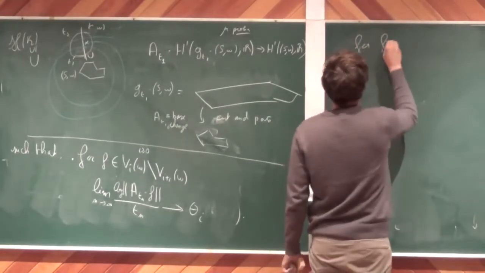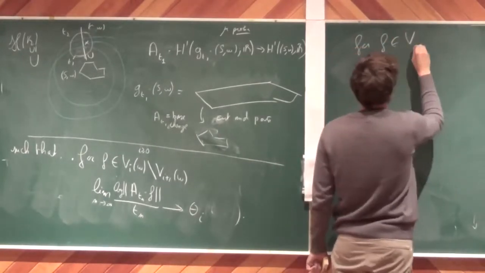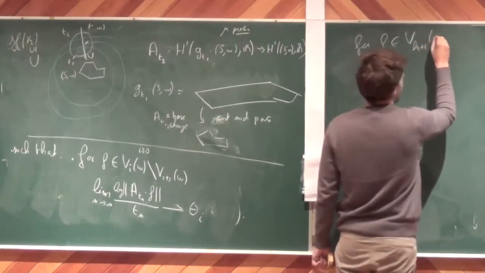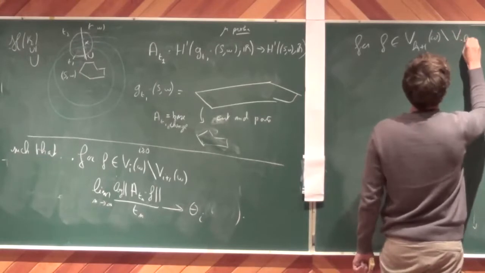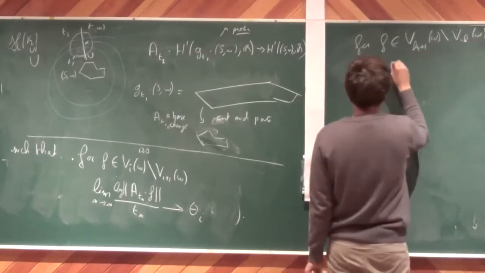For f in the central subspace of omega minus k of omega, this goes to 0.